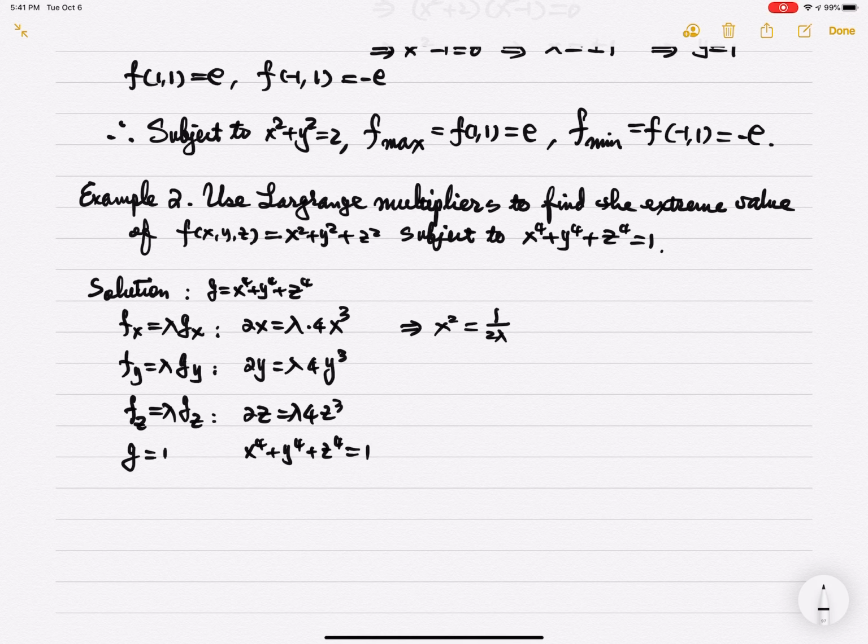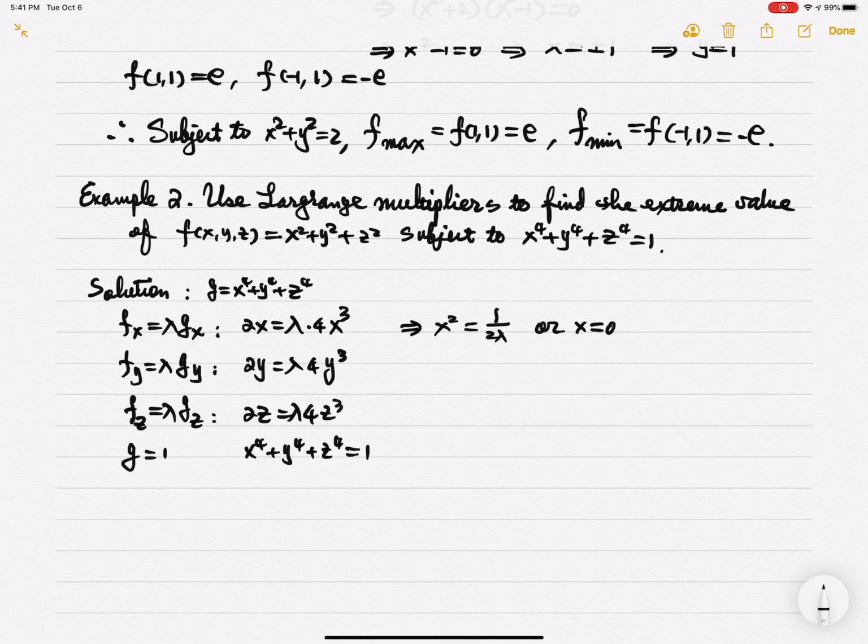If lambda equal to 0, then in the first 3 equations the right-hand sides all equal 0, so you get 2x equal to 0, 2y equal to 0, 2z equal to 0. So x, y, z all equal to 0, and then you cannot satisfy x to the fourth plus y to the fourth plus z to the fourth equal to 1. So lambda cannot be 0. But x could be 0, so here we say or x equal to 0.